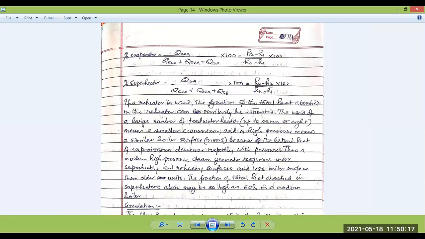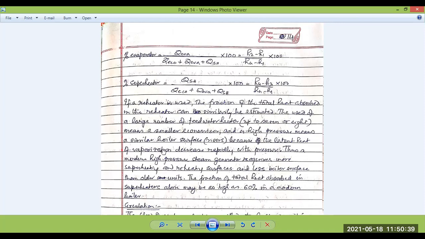Now, if a reheater is used somewhere here, the fraction of the total heat absorbed in the reheater can similarly be estimated. The use of a large number of feedwater heaters, up to 7 to 8, means a small economizer and high pressure steam.